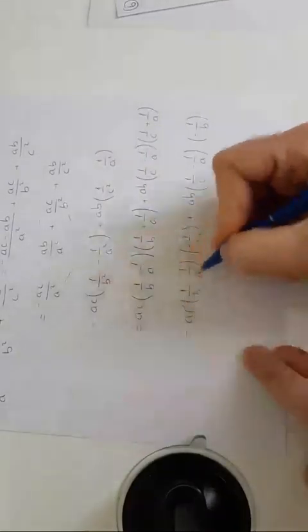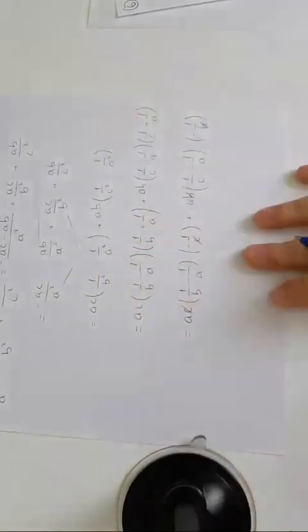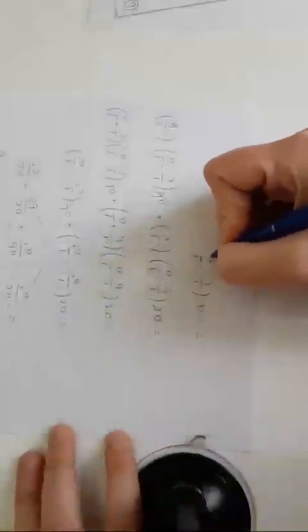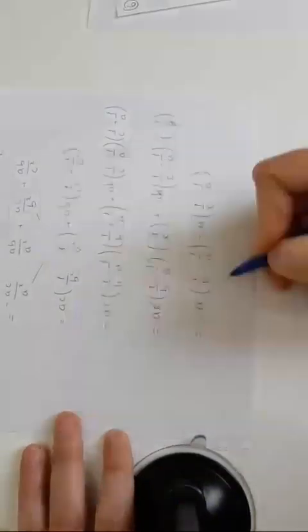Simplify here C with C, here B with B. And then I will find minus 1 over B minus 1 over A, with minus A in common.